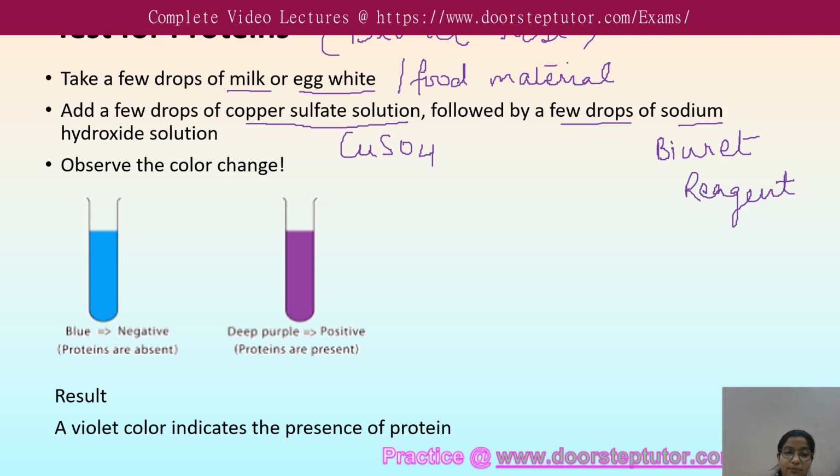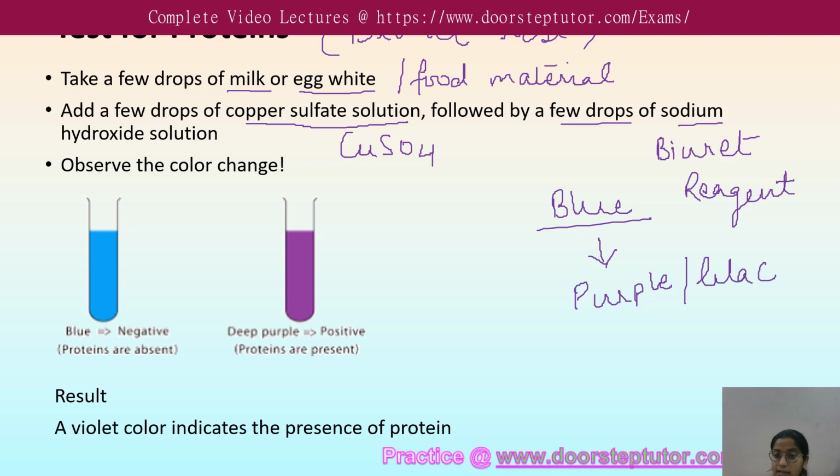Now when you add them, copper sulfate is blue in color, right? So if this blue color changes to purple, or lilac, so faintly purple or dark purple, then we say that the food component contained proteins, right?